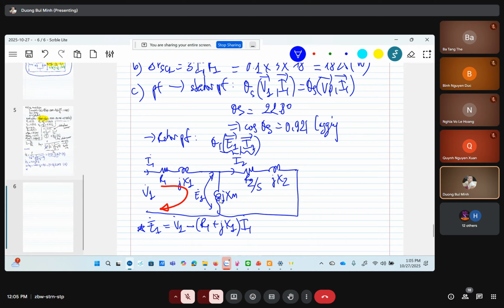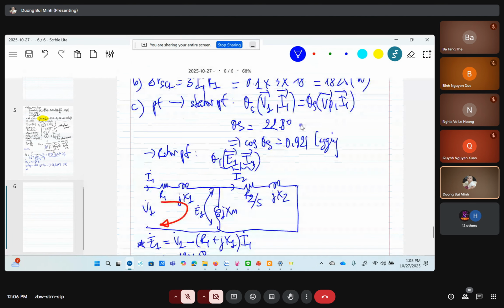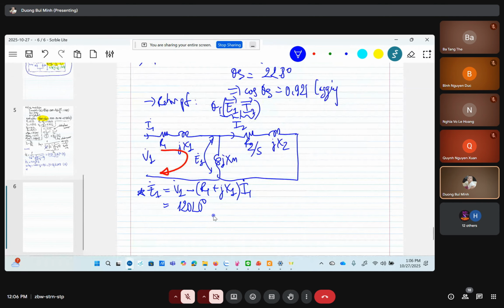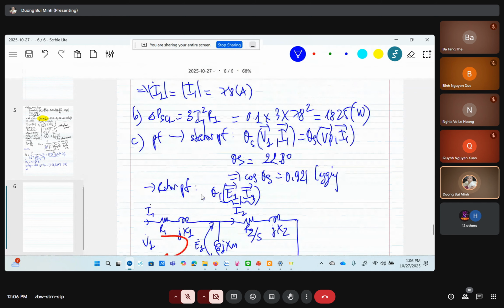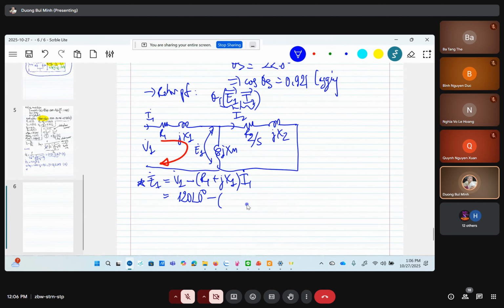V1 is a phase voltage, so you get 120 with 0 degrees, minus (R1 plus jX1) times I1. Here R1 is 0.1 plus j0.21, times I1.